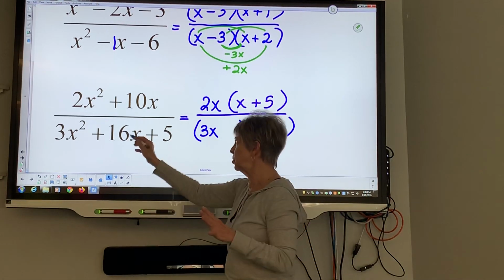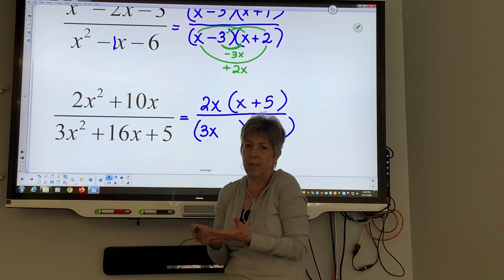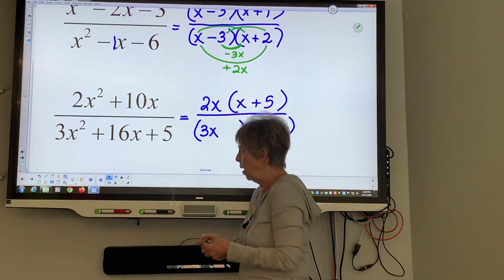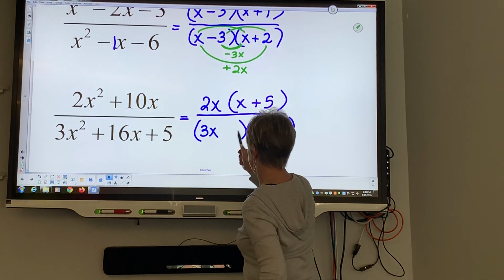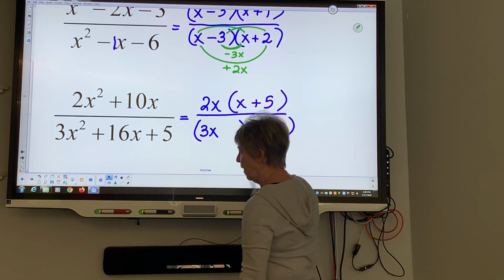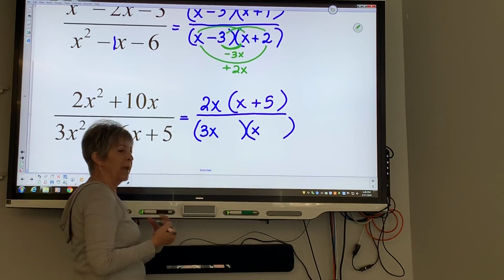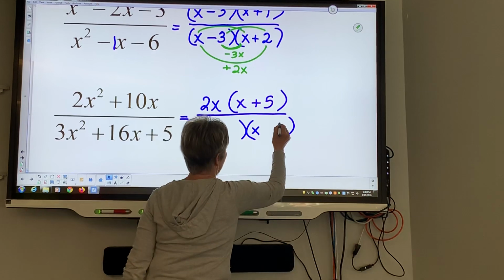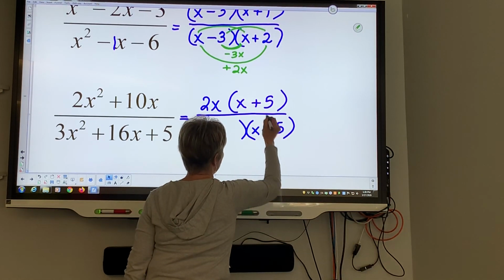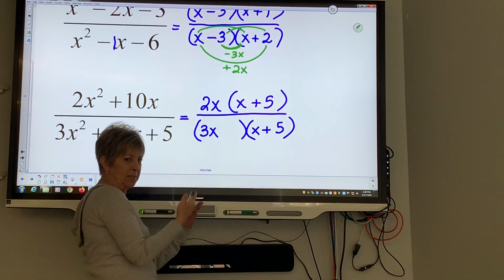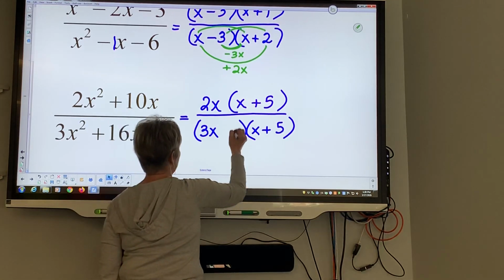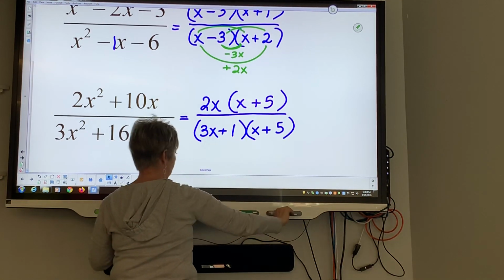Now this one's not too difficult because 5 only has 1 pair of factors, 5 and 1. The question is, do I put the 5 here and the 1 there, or the 1 and the 5? And hopefully you can figure that out. But my instinct's going to tell me I want the 5 here so that I'll be able to do some simplifying, and the 1 here, so I better check this out.